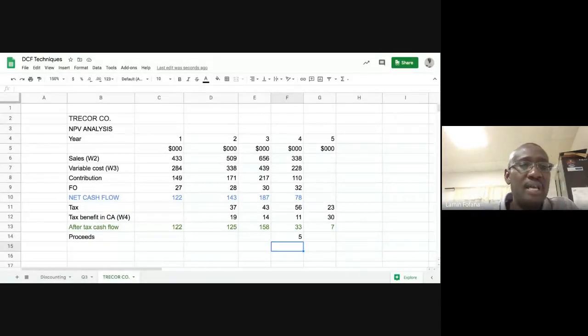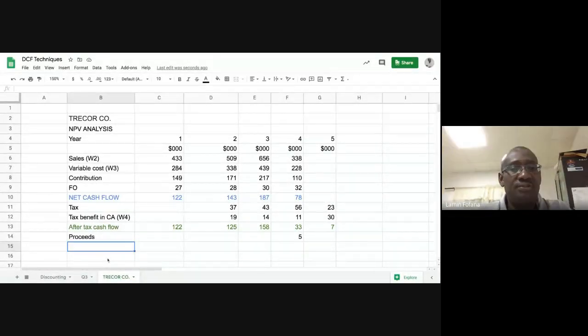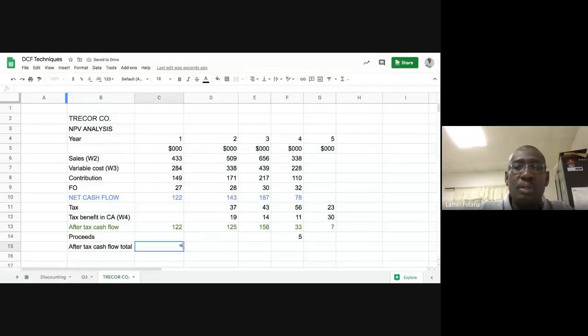So our after-tax net cash flow total will be this plus that.